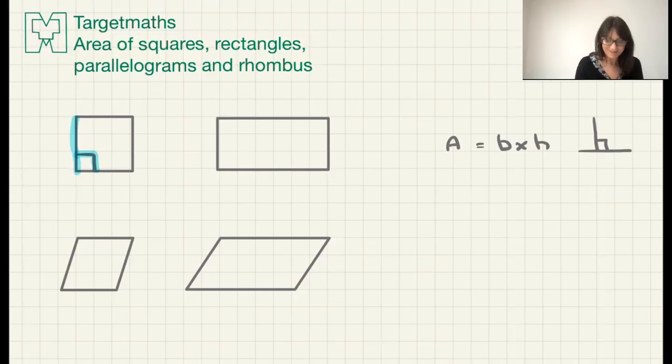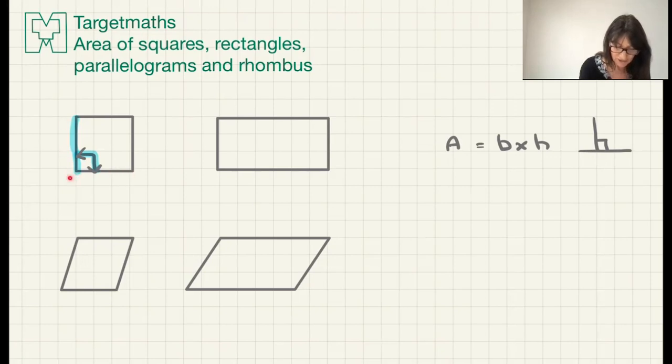I also like the idea that the right angle points to the base and the height. It points to the two edges that I want to use. So if I put an arrowhead on the right angle there and there, then it's pointing to this edge and this edge.